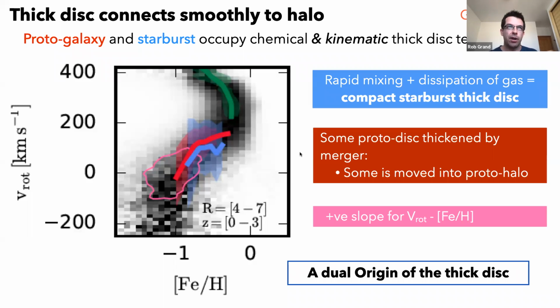So we would conclude by inferring that this indicates that the thick disk connects smoothly to the halo, and we have a dual origin of the thick disk from protogalaxy material plus the starburst material that the GES caused.